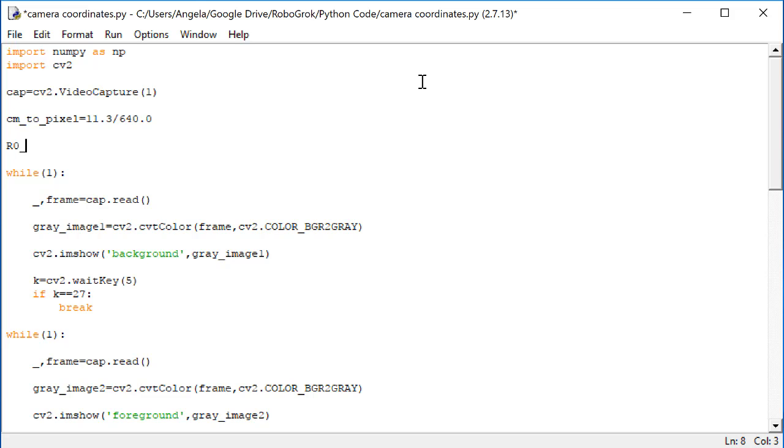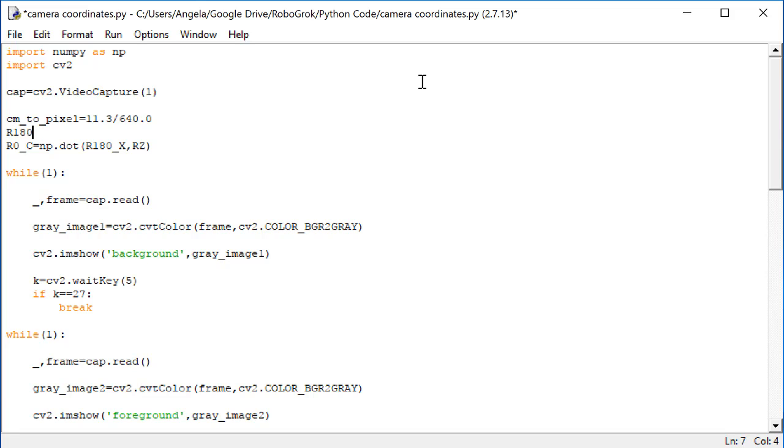I'll split this up a little bit to make it easier to type into the code. Let's say that R0C is equal to np.dot, that is the dot product of two other matrices, a rotation of 180 degrees around X times a rotation of negative 94 degrees around Z, which I'll refer to here simply as RZ.